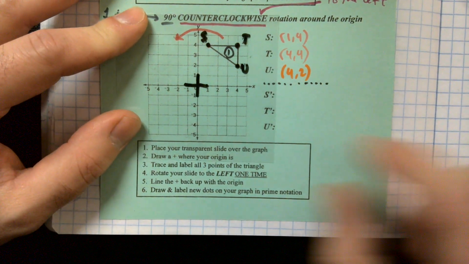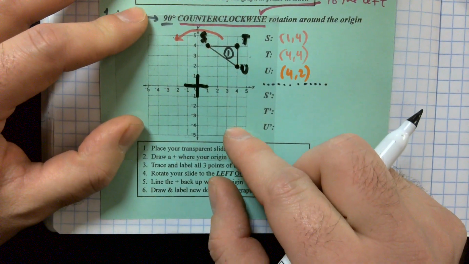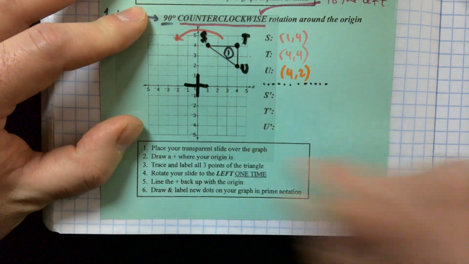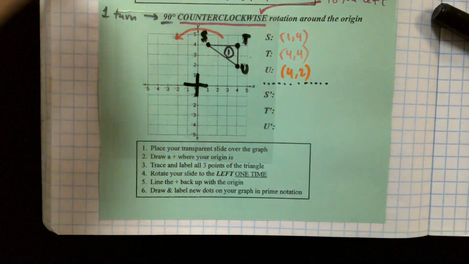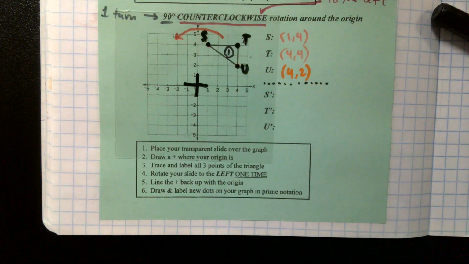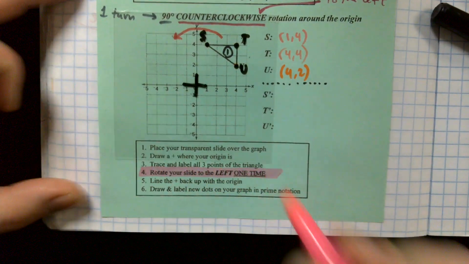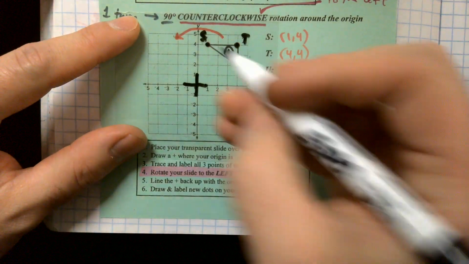Then, Amari, what am I going to do? Turn it. Now I'm going to turn it. Am I going to turn it to the left or to the right? To the left. How do I know I'm turning it to the left? It says on the rule. Because it says counterclockwise. And my steps say I'm going to go to the left one time for counterclockwise. So again, I'm turning it this way.